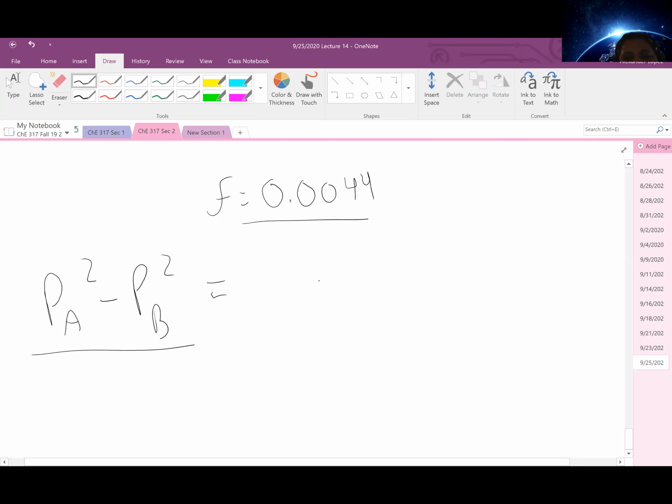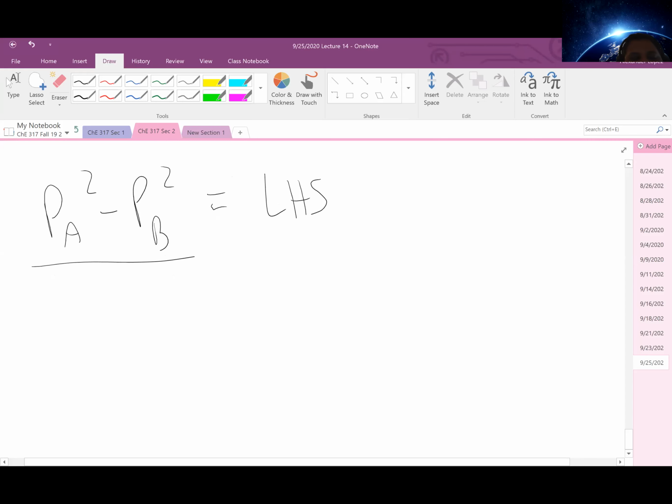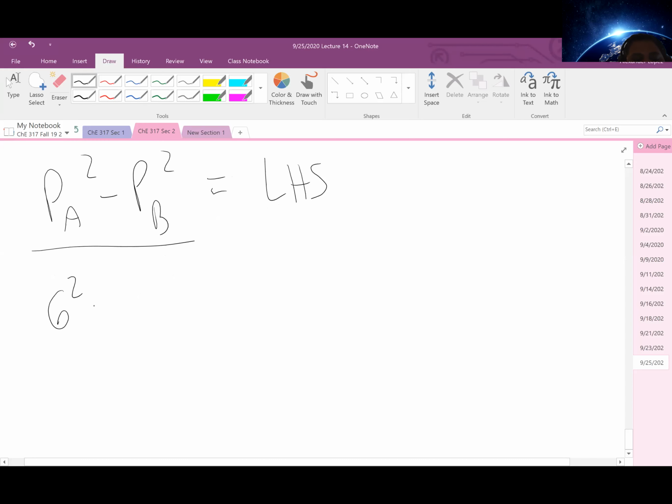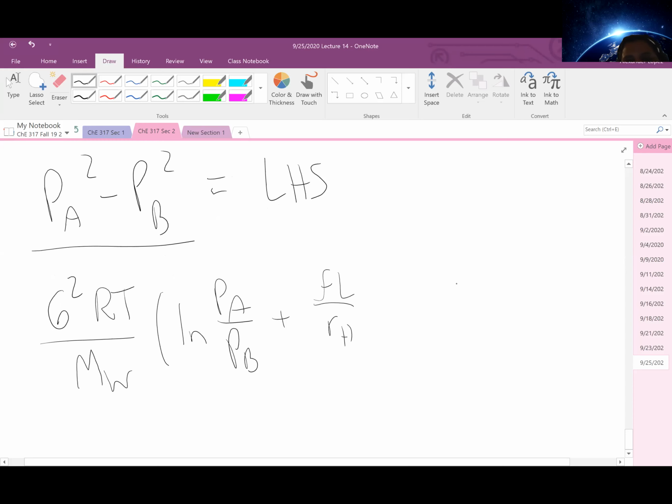I call it the left-hand side. And then I set this value, which is all of this gobbledygook, equal to a value by guessing your outlet pressure.